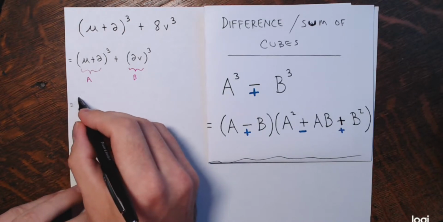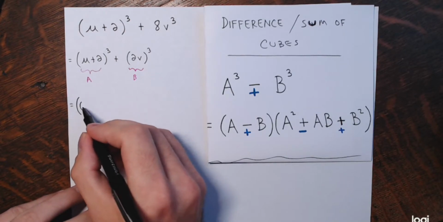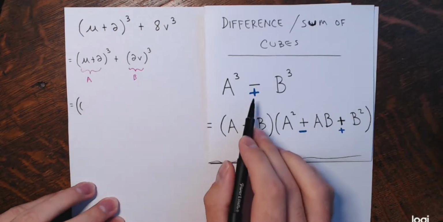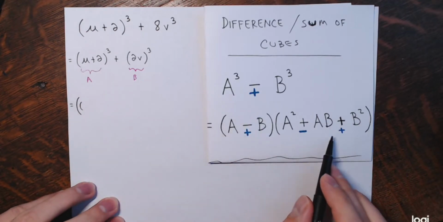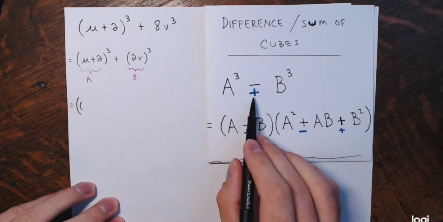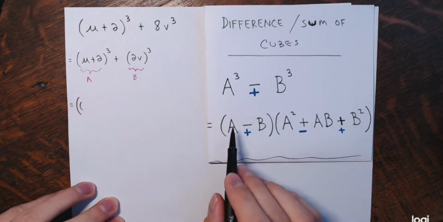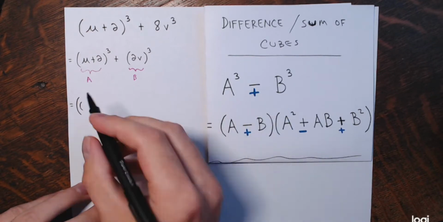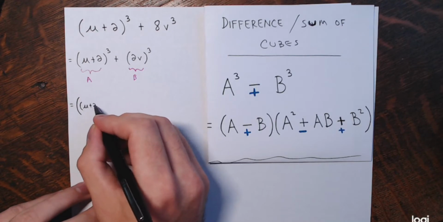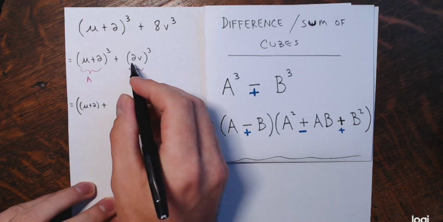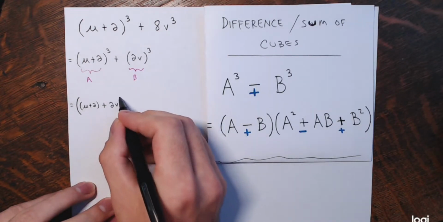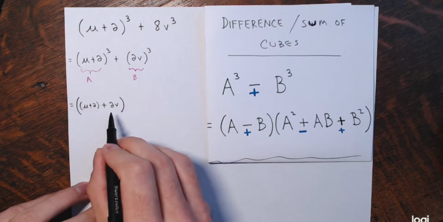Alright, so again, the first factor is a plus b. So a cubed plus b cubed would factor to a plus b first, right? So u plus 2 plus b, so plus 2v. Right, there's a plus b.